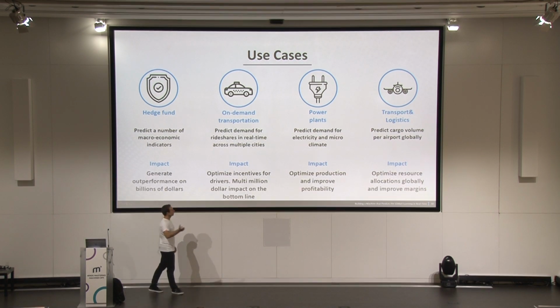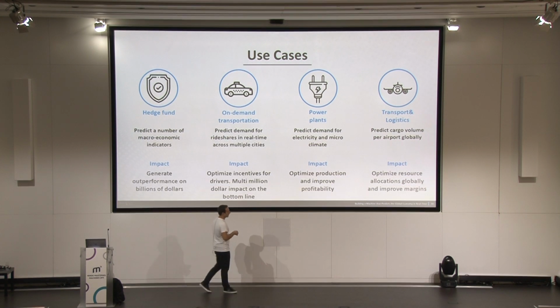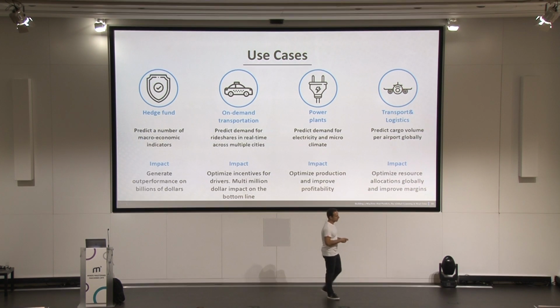On-demand transportation use case. Imagine you're Uber or an Uber competitor, it doesn't matter, and you want to predict essentially how many cars you will need, or how many passengers are going to travel in each street in each major city around the globe. If you think about it, each street is a separate model, right?